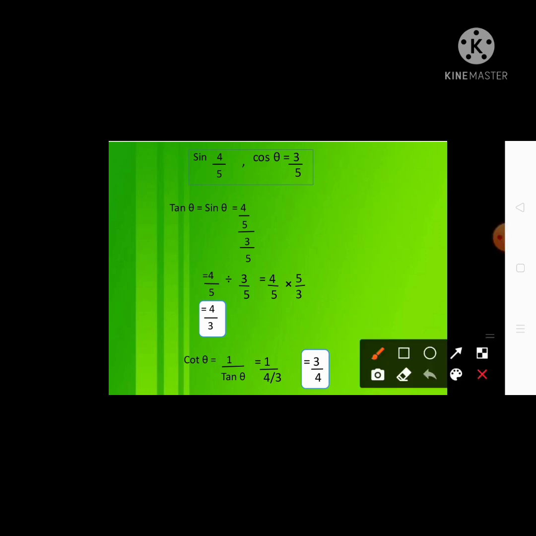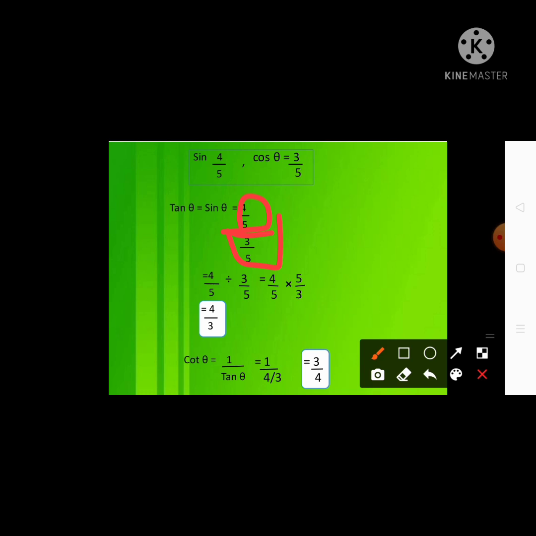First example: sin theta is 4 over 5 and cosine theta is equal to 3 over 5. So tan theta is equal to sin theta over cosine theta, which is 4 over 5 divided by 3 over 5, which is equal to 4 over 5 times 5 over 3.